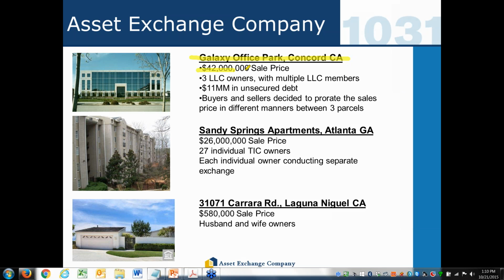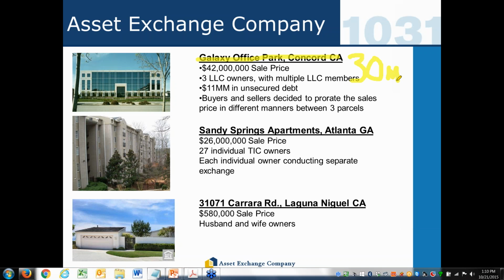Now, this property sold several years ago for $42 million. And what was interesting, when this property sold, the clients, who were pretty sophisticated investors, came up to me and said, hey, Leonard, we are going to do a 1031 exchange on this property. And when it sells and closes escrow, there's going to be about $30 million of cash coming out of the sale property.